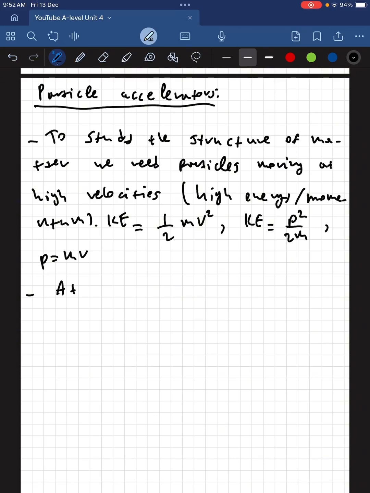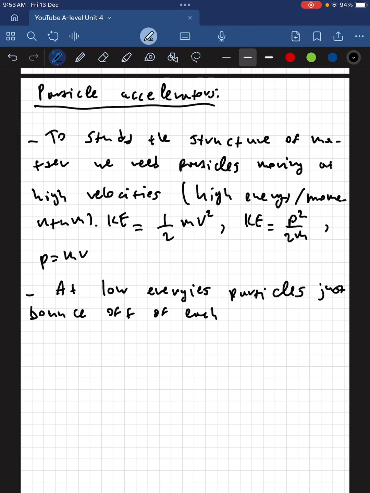The first one is that at high energies, actually, let's start with saying why low energies do not work. So at low energies, particles just bounce off of each other, usually because they are charged.